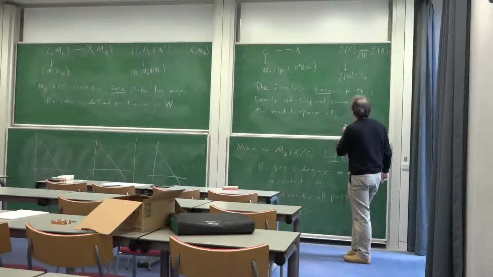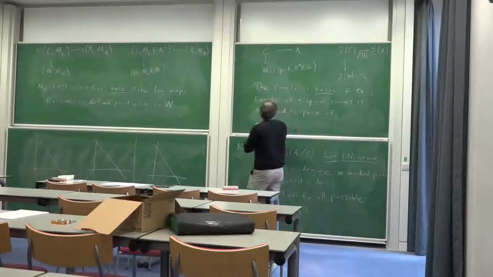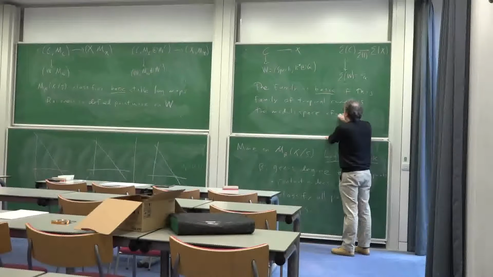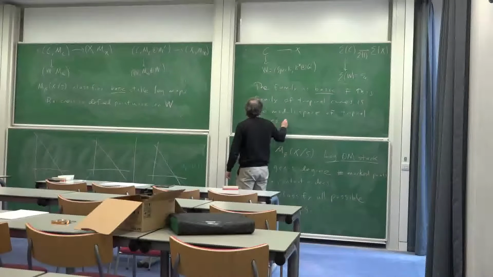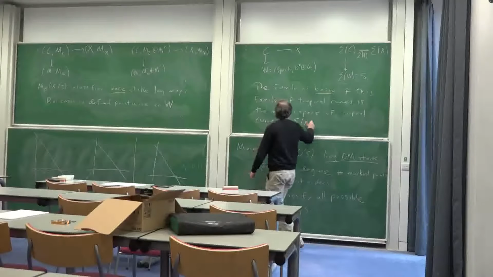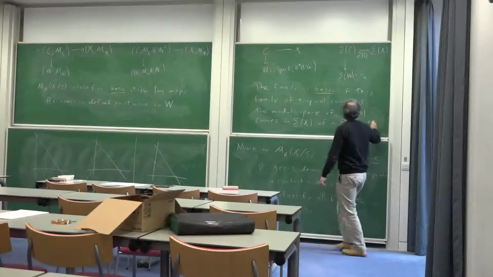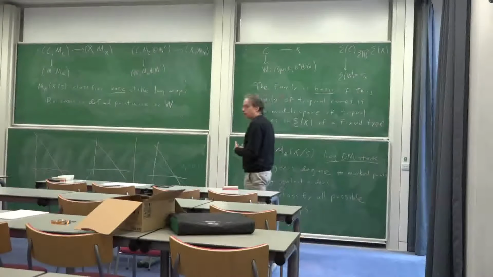So sigma Q is the moduli space. Let me just write something. I'll try to explain it by example. So there's the moduli space of tropical curves in sigma of X of a fixed type.